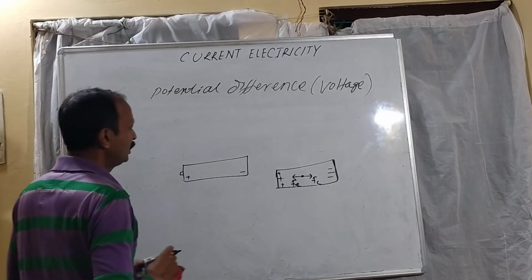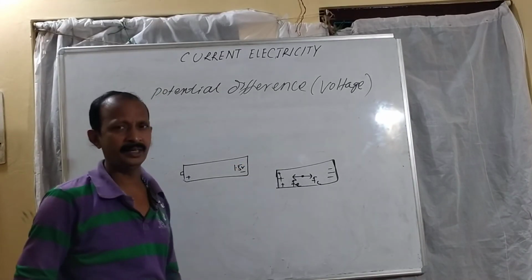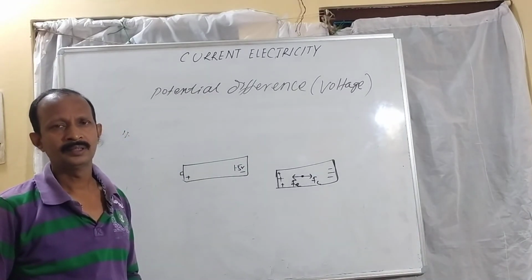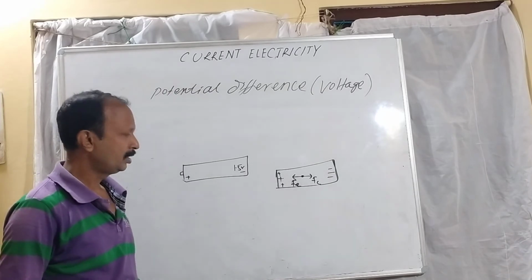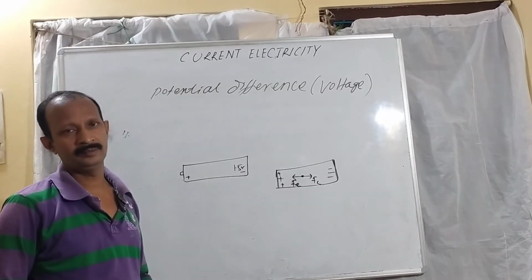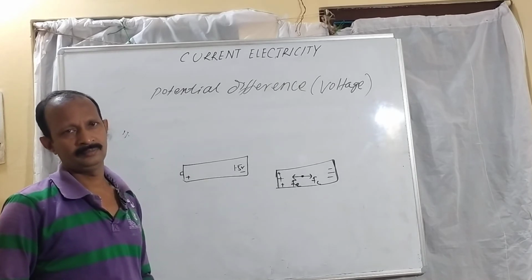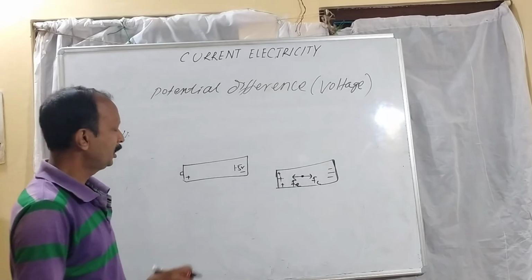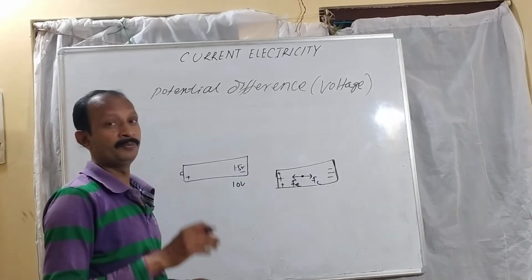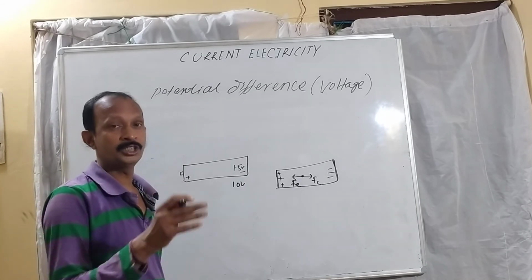Listen carefully. Suppose it is written 1.5 volt. What does it mean? It means that 1.5 joule of work is done over 1 coulomb of charge. If it is written 10 volt, that means 10 joule of work is done on 1 coulomb of positive charge.